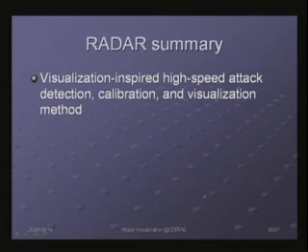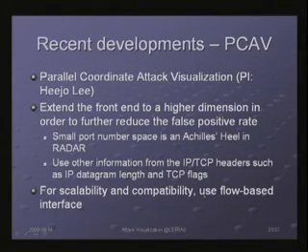So we got the idea from the visualization work about an algorithm that can quickly extract only the attacks from the high-speed flows, high-speed pipes, classify them in real time, and calibrate their intensities. And so that's the second part. The third part is the recent developments.